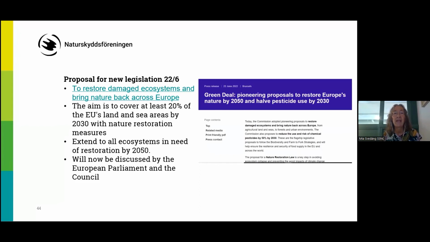The aim is to cover at least 20% of the EU's land and sea areas by 2030 with nature restoration measures. And then it's also expected to extend this to all ecosystems in need of restoration by 2050. So this is the suggestion in short. And this suggestion will now be discussed by all the EU countries and by the European Parliament and the Council.